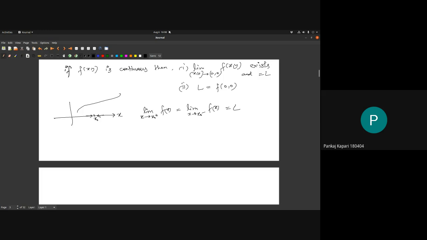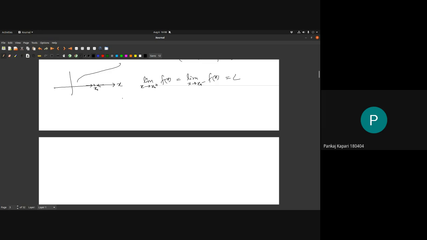But now we have a function of two variables. The domain of a function is some subset of the plane R2. On the plane R2, your independent variables are x and y, and you are calculating the limiting value of a function when the point approaches x naught comma y naught. Now you can approach this point from anywhere, right?